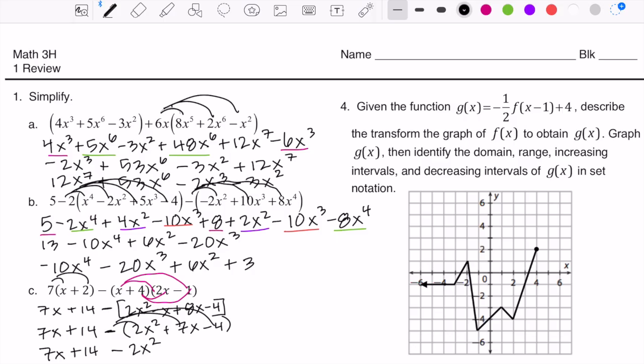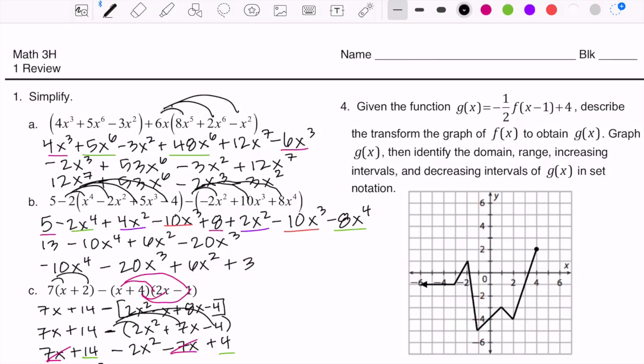Minus 2x squared minus 7x and plus 4. And then we're going to combine like terms now. So we have a 7x and a negative 7x, so those cancel. And then the next like term, 14 and 4 makes 18. And then we have the negative 2x squared by itself, so negative 2x squared plus 18.